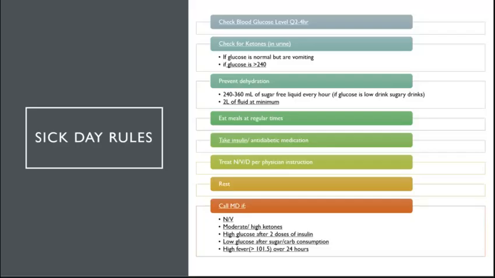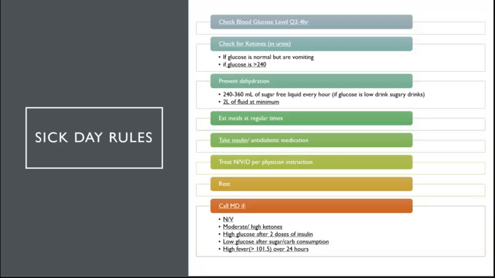Now, anybody that's a diabetic knows that there are certain rules for sick days and stressful days. So, sick day rules: check your blood glucose level every 2 to 4 hours. Let's say you have the flu. You need to monitor your blood glucose levels more frequently. Check for ketones in the urine, especially if the glucose is creeping up.